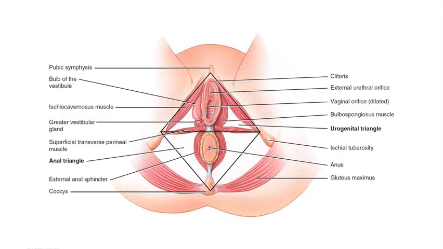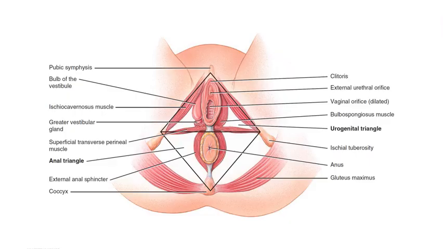The exposed portion is known as the glans clitoris, and it's homologous to the glans penis in the male. Like the male structure, the clitoris is capable of enlargement on tactile stimulation, and it has a role in sexual excitement in the female as well.